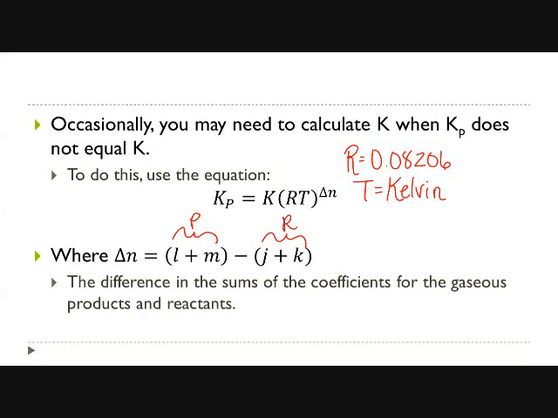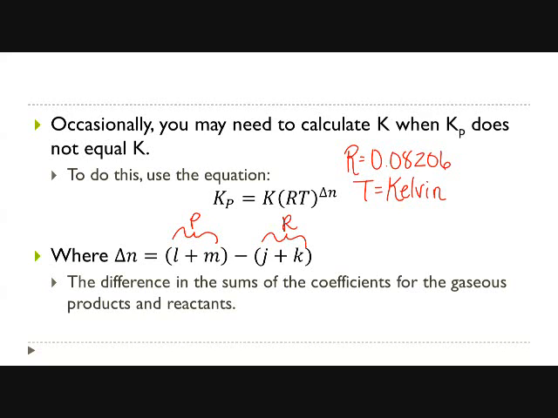Okay, so it's still products minus reactants, but you have to make sure that you add together the total products and add together the total reactants before you subtract. So that's why it's the difference in the sums, which really doesn't make a lot of sense, but that's that.